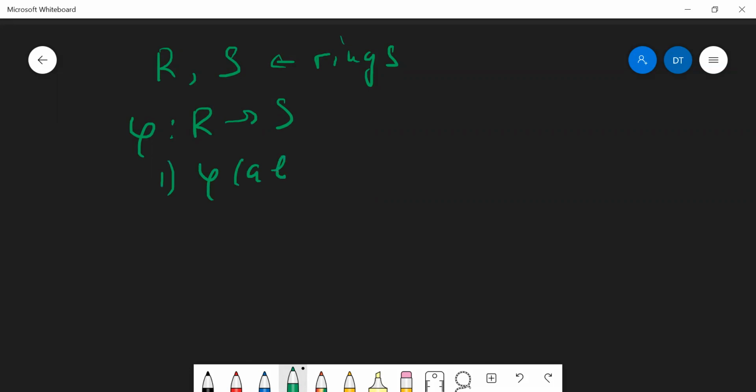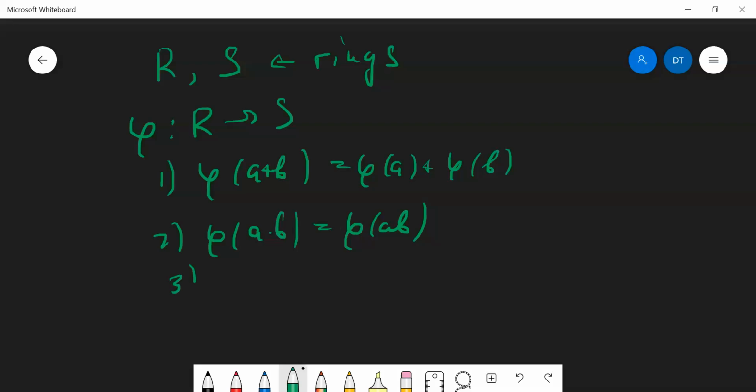So it must preserve the addition, it must preserve multiplication, and it must preserve the identity element.